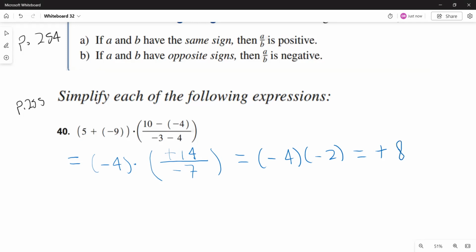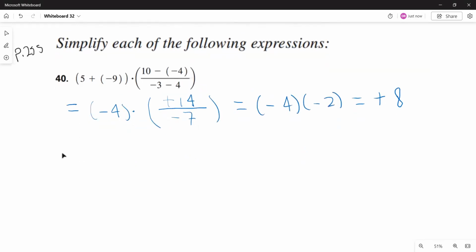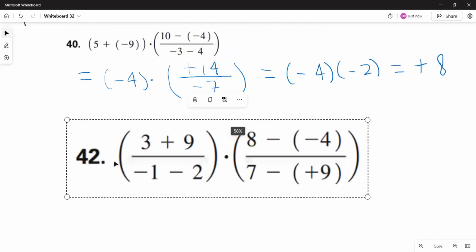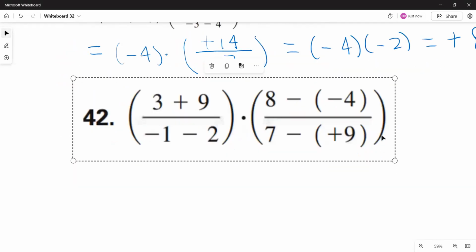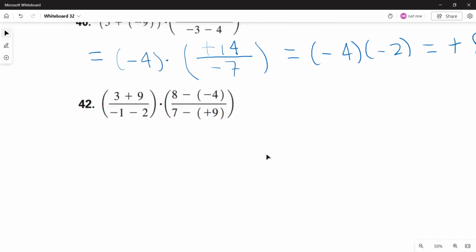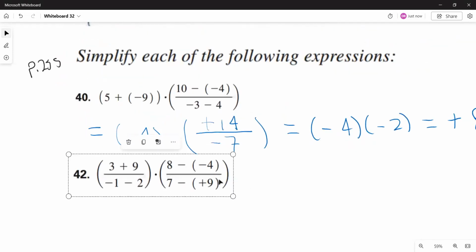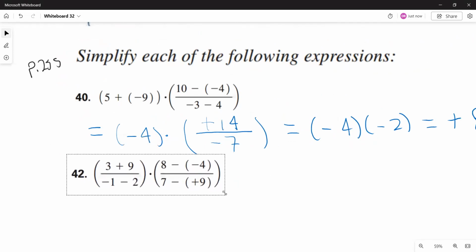And number 42. Simplify this expression.